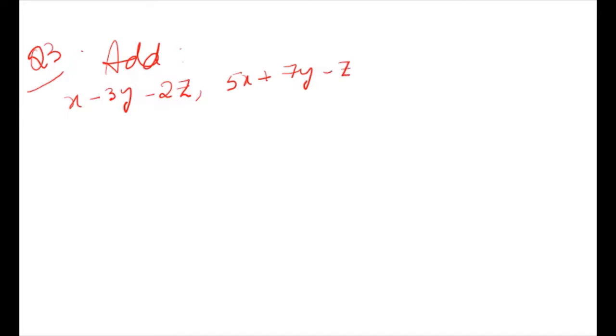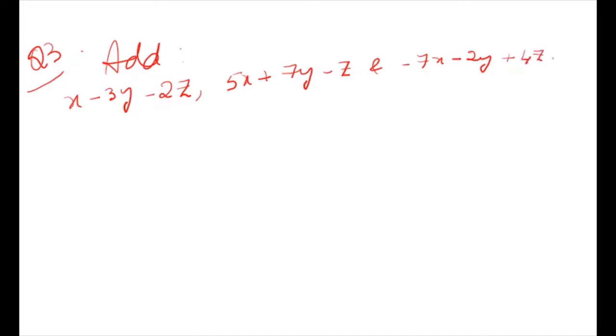Add x minus 3y minus 2z. Then we have 5x plus 7y minus z and minus 7x minus 2y plus 4z.